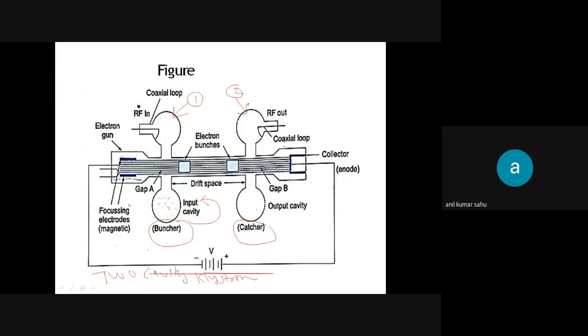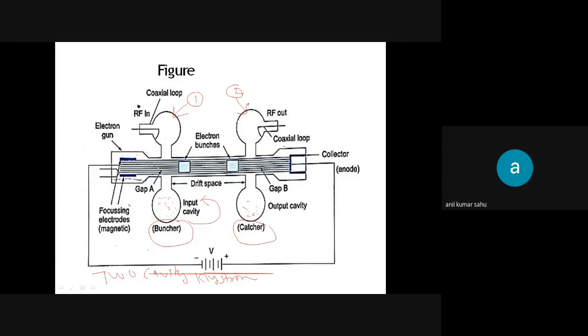The catcher cavity is also called the output cavity. That's why it is called catcher: it collects the bunch of electrons.